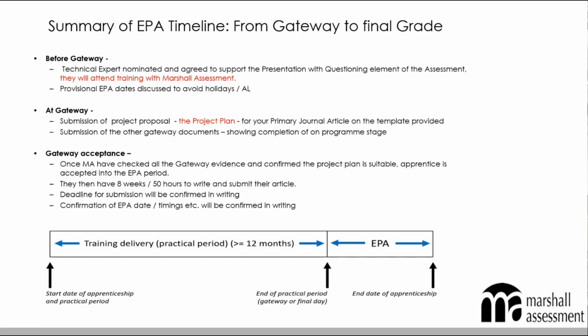There are quite a lot of moving parts to endpoint assessment, so we have to find assessor availability, apprentice availability, and technical expert availability. There are quite a few plates spinning there, but we aim to get those dates sorted in the diary when we've received that project report.